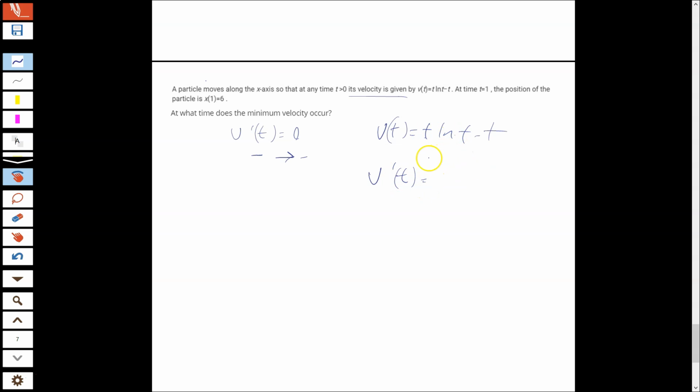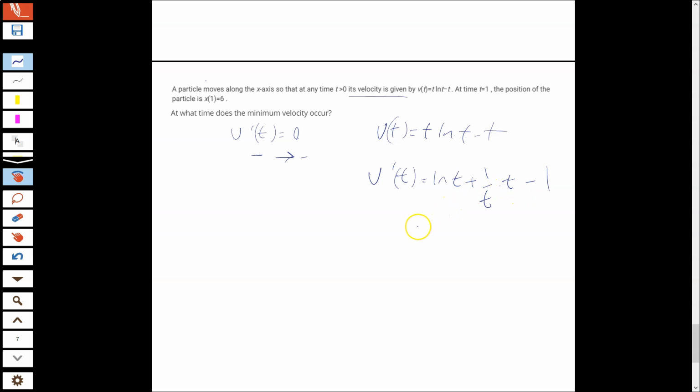So the derivative of t is just 1, and then natural log of t is just chilling, so I'm doing product rule. And then the derivative of natural log is 1 over t. So I get 1 over t times t, and then minus 1, because the derivative of t is just 1. Okay?